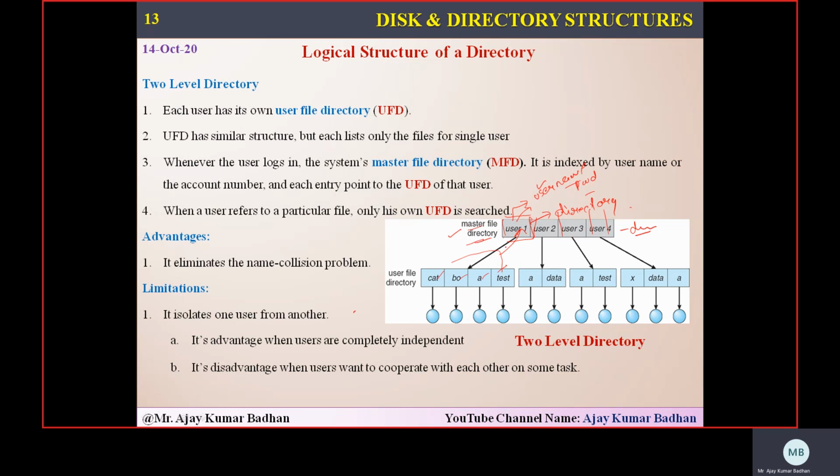Whenever another user logs in, that user will be given certain space. You can see here, user 2 is given this space and uses it for storing his own directory. So these are user file directories. We have a master file directory.